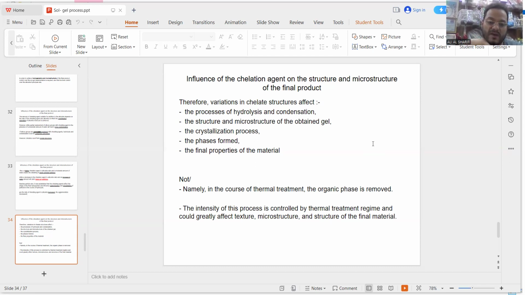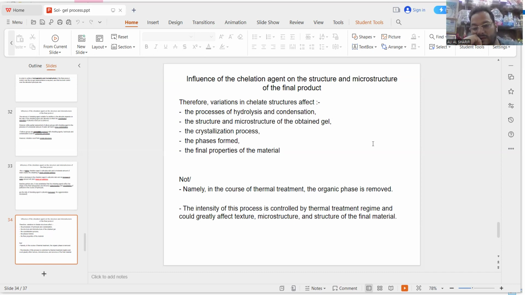By that, we have notes. In the course of thermal treatment, the organic phase is removed. Now I'm talking about when the foam-shaped dry gel is formed, and we increase the temperature step by step to reach 600 Celsius.